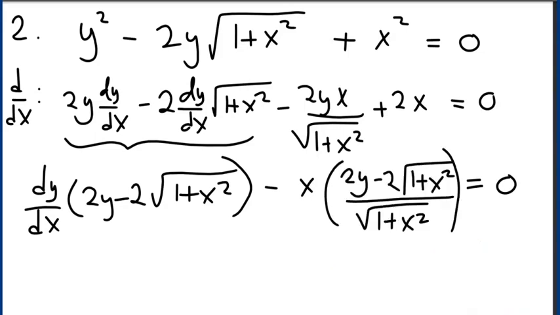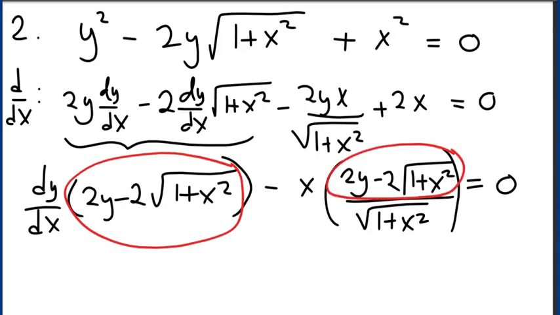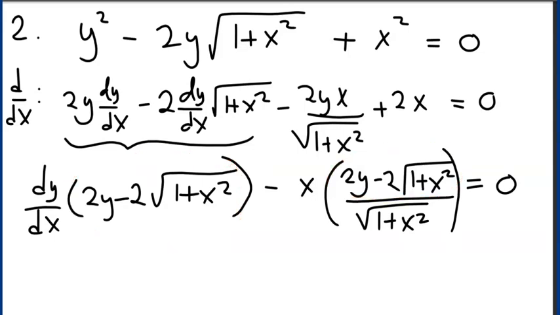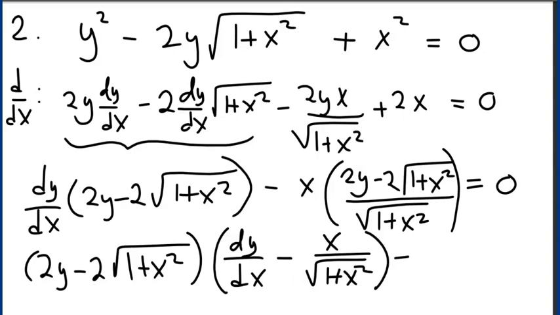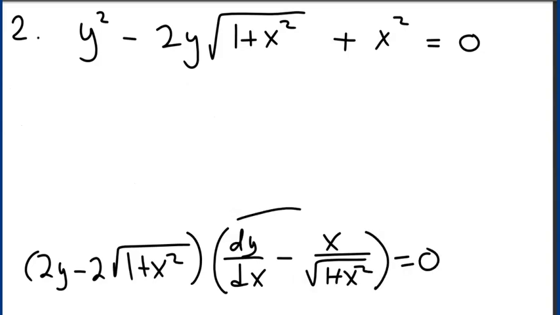Now you can see common terms. Let's factor them out, and you'll get 2y minus 2 square root 1 plus x squared times dy/dx minus x over square root 1 plus x squared equals 0.